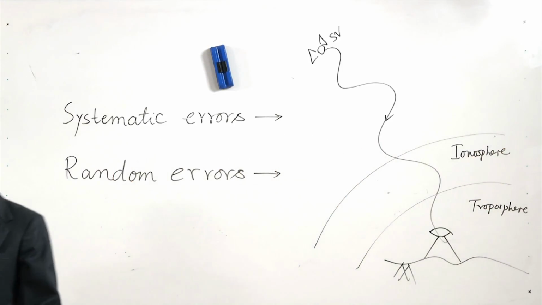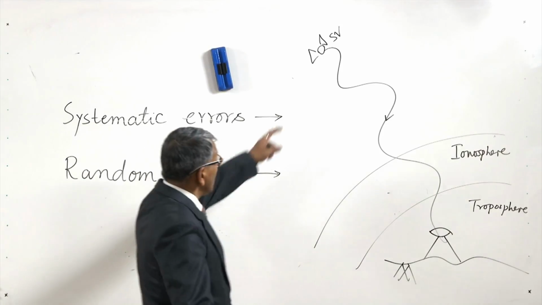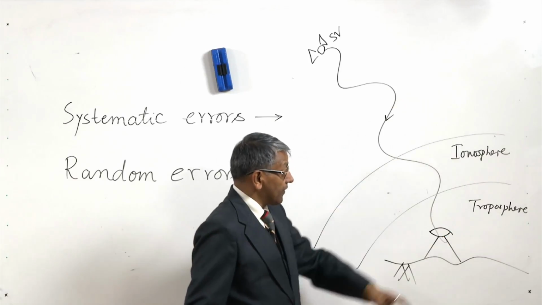Now when the signal is coming from satellite vehicle to receiver, it will transmit through the atmosphere.